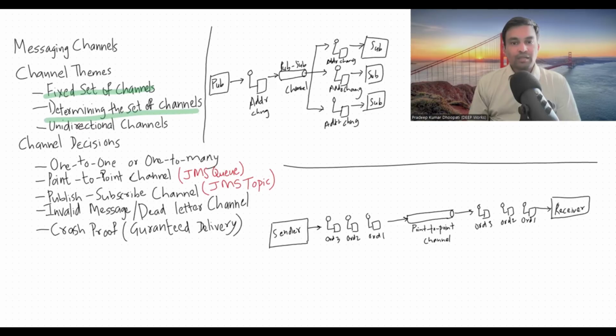Basically, when we start a fresh integration, in most cases it will be the application team who will be deciding how many channels might be necessary and what kind of data types those channels would be carrying. And these details should be shared with the messaging systems team for them to create these channels.